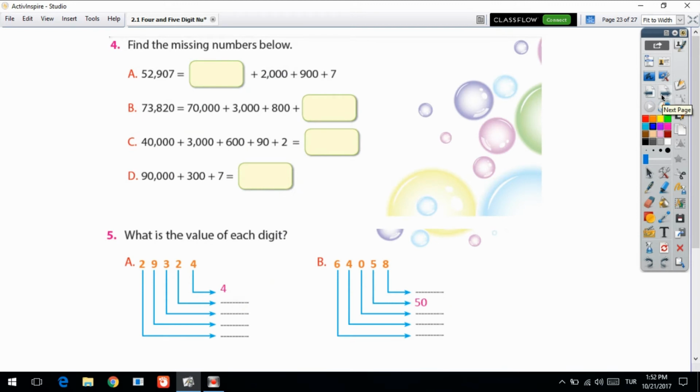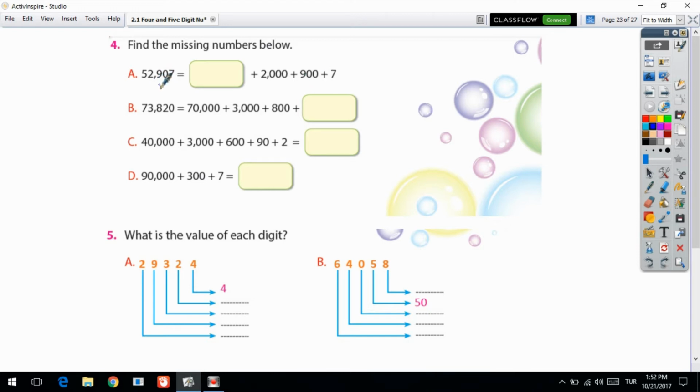Okay, let's talk about question 4. Find the missing numbers below. First of all, we have the number and we have the parts of it. The number is 52,907. Now let's look at the 7, then the 0. There is nothing to write here because the digit is 0. 900: 9 is in the hundreds place.